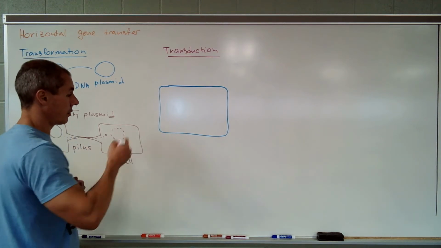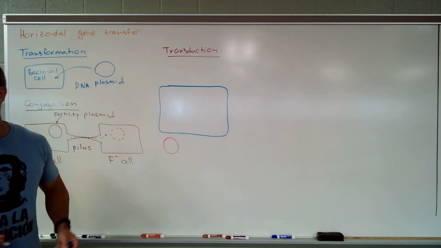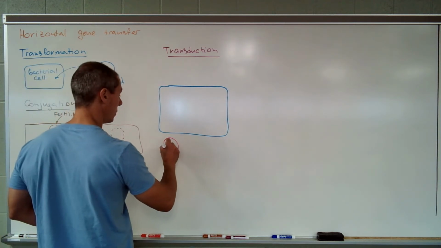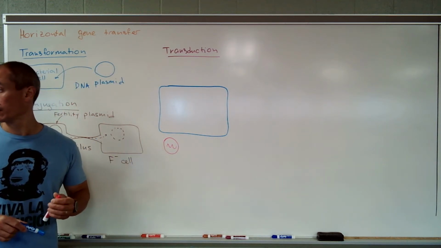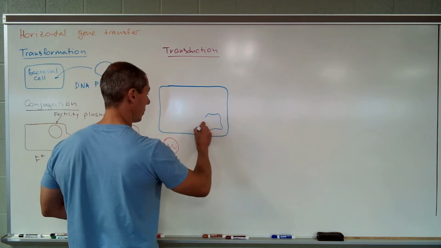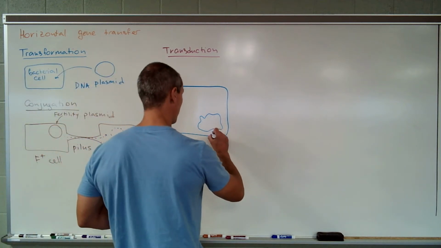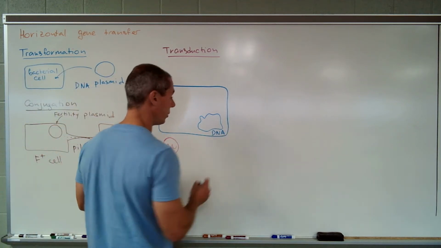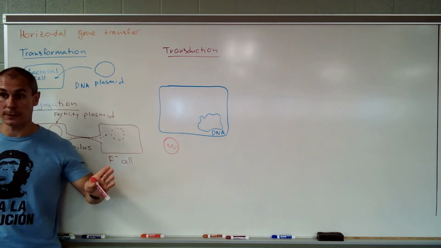I'm going to make it very, very simple. So this is your virus particle, and there is viral DNA inside. Okay. Now, obviously, the cell already has its DNA, okay, in the form of a nucleoid. Okay, circular chromosome. We good so far?